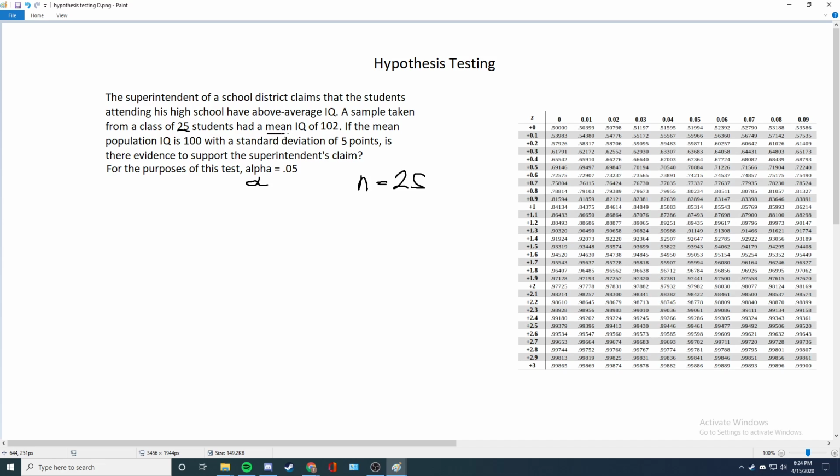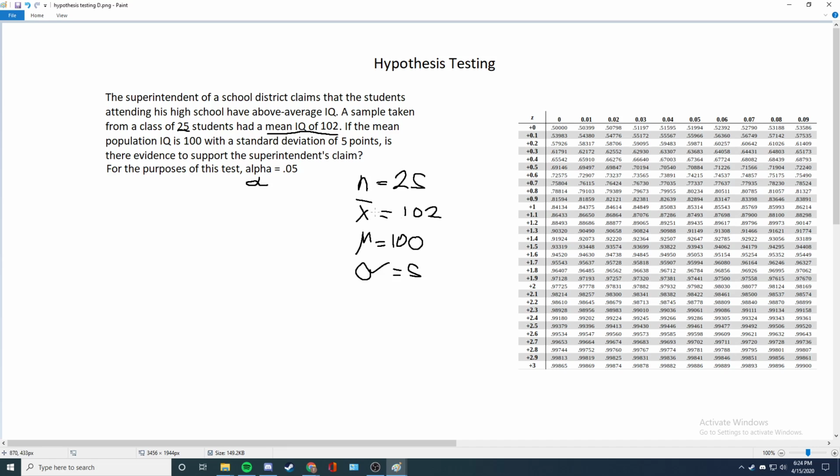The sample had a mean IQ of 102, which means that our x bar is 102. Then it says the mean population IQ is 100, the mean population IQ being mu in this case, which is 100, and its standard deviation is 5.